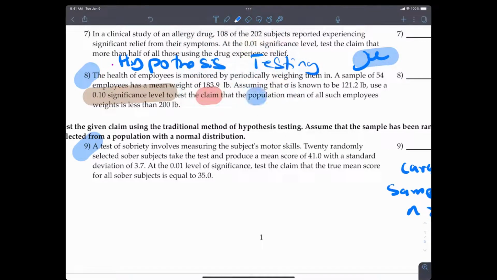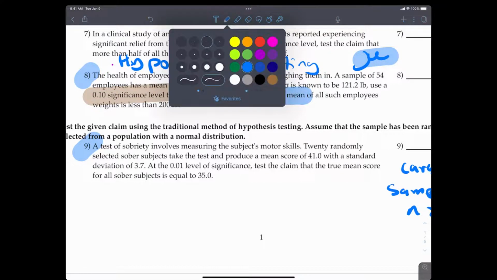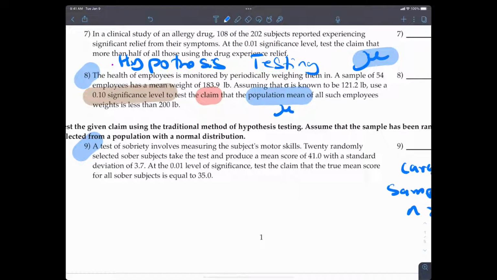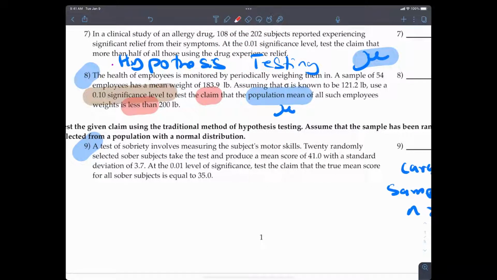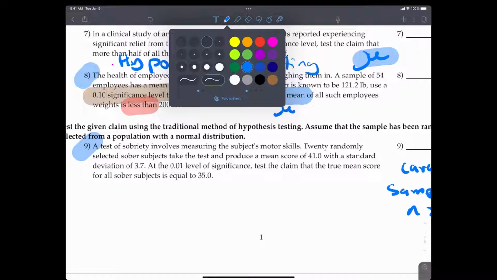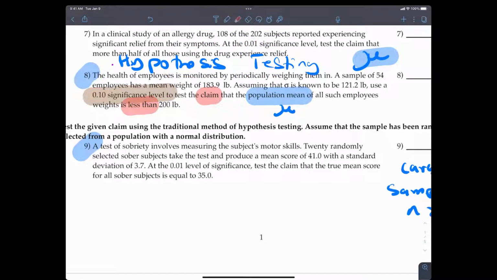They're claiming that the population mean, this is mu, of all employees is less than 200 pounds, right? So this is mu less than 200. I'm going to write that down.